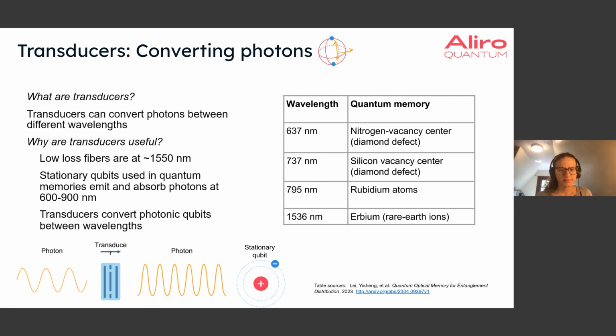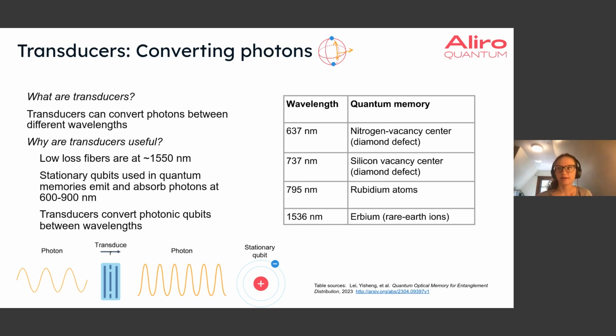There actually are some quantum memories with photonic wavelengths that are actually in the telecom. So for instance, erbium, which is a rare earth ion, operates at 1536 nanometers. So this is definitely a promising area of research and definitely a promising candidate for quantum memories.